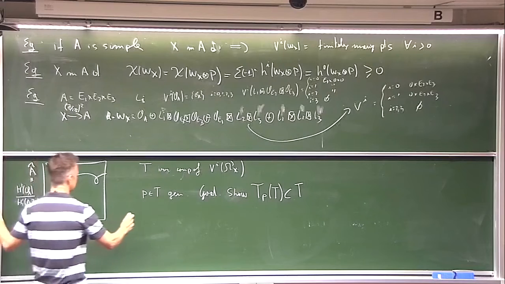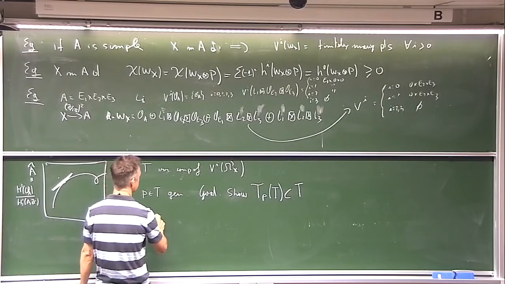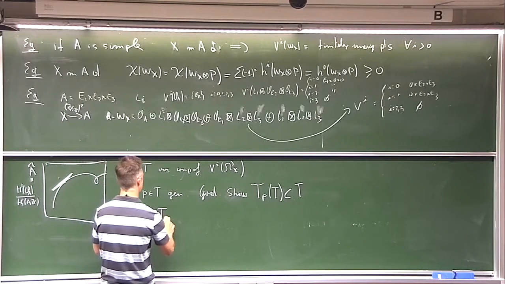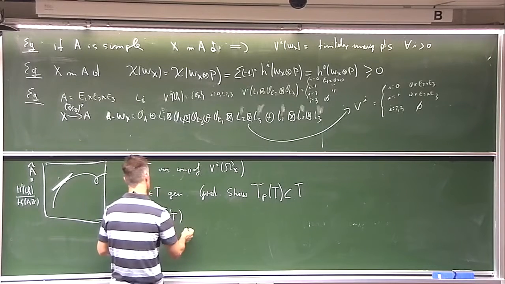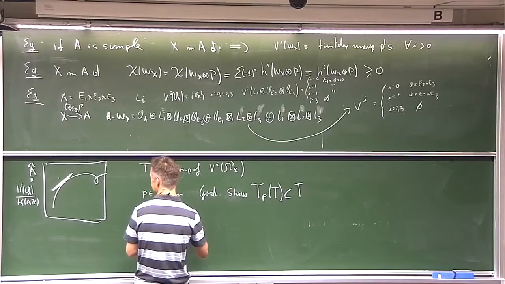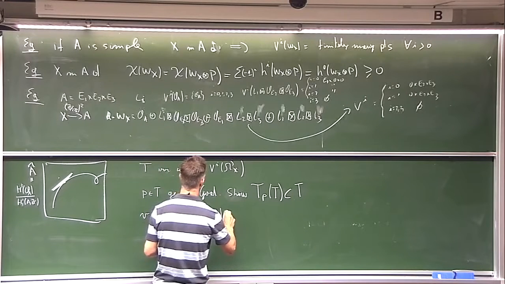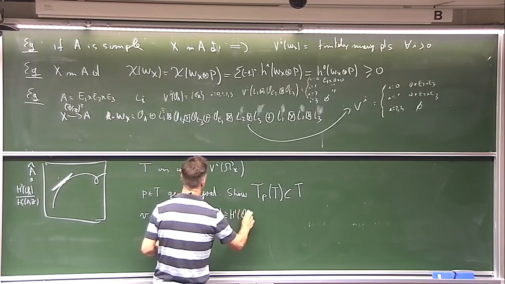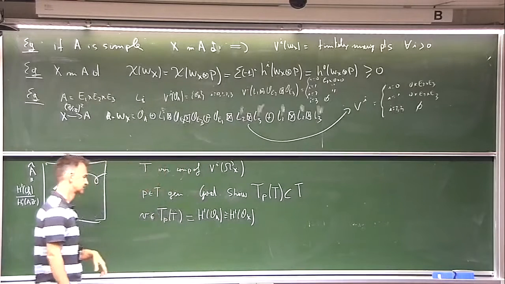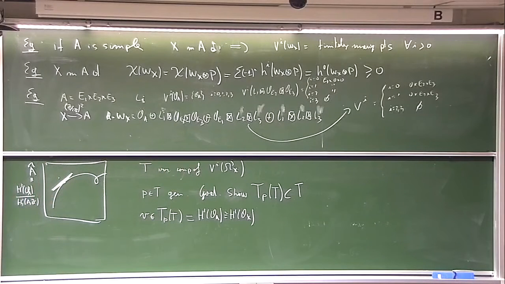V is going to be an element of the tangent space at P to T. I'm going to identify this with H1 of O of A, or if you want, with H1 of O of X, because those two spaces are isomorphic just by pulling back.